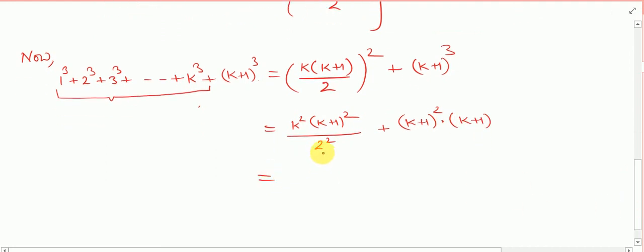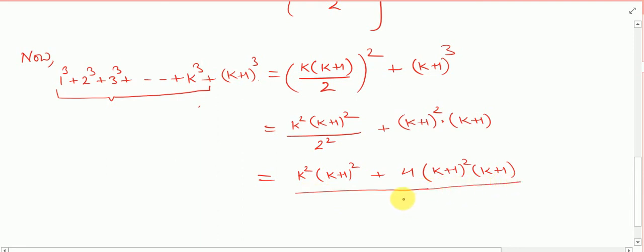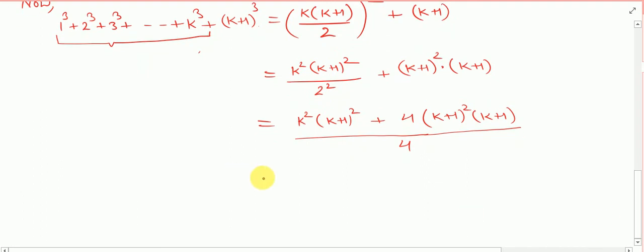Take LCM. So here 2 square will be 4. So you get k square (k plus 1) whole square plus 4 times (k plus 1) whole square (k plus 1), and here in the denominator you have 4. Now in the numerator you can see that (k plus 1) whole square is common.